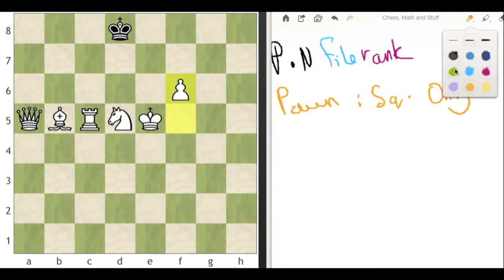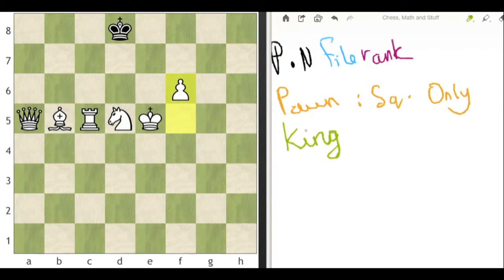Now let's move across even further. What about the king? The king is simply K. King is equal to K. That's it.